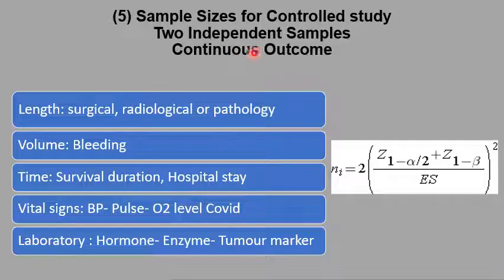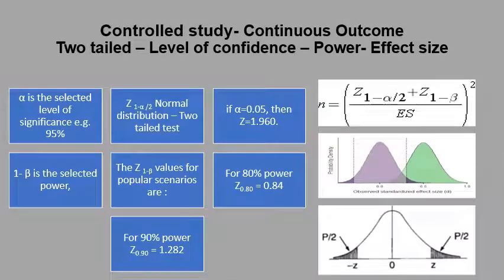They are all continuous data, and the formula is the same. This is one formula used for estimating the required sample size for a controlled study with a continuous outcome.